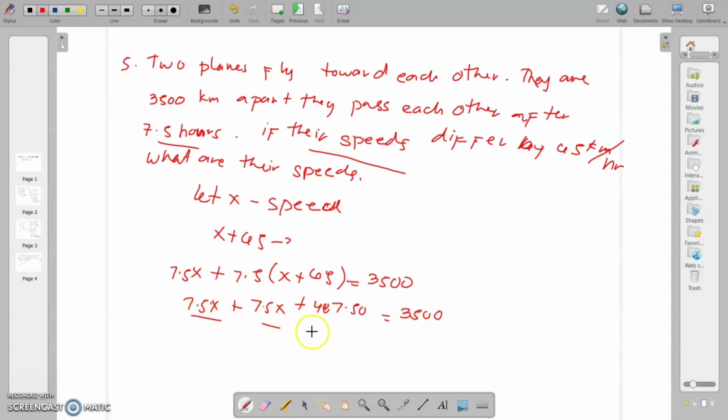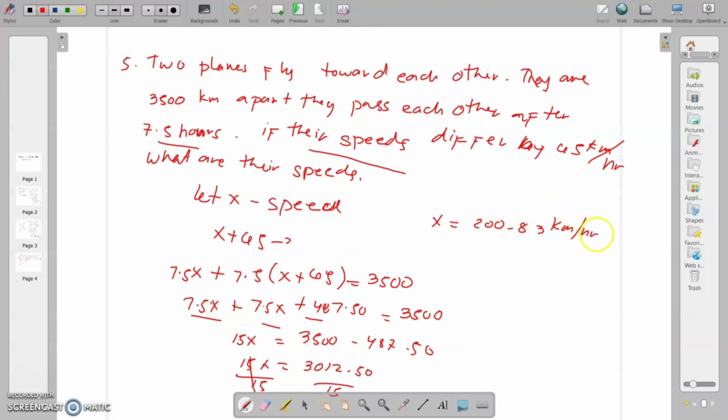Then combining like terms, so 15x, then 487.50 transpose mo siya, then 3,500 minus 487.50. So 15x equals 3,012.50. So over 15 para makuha si x. So x equals 200.83 km per hour.